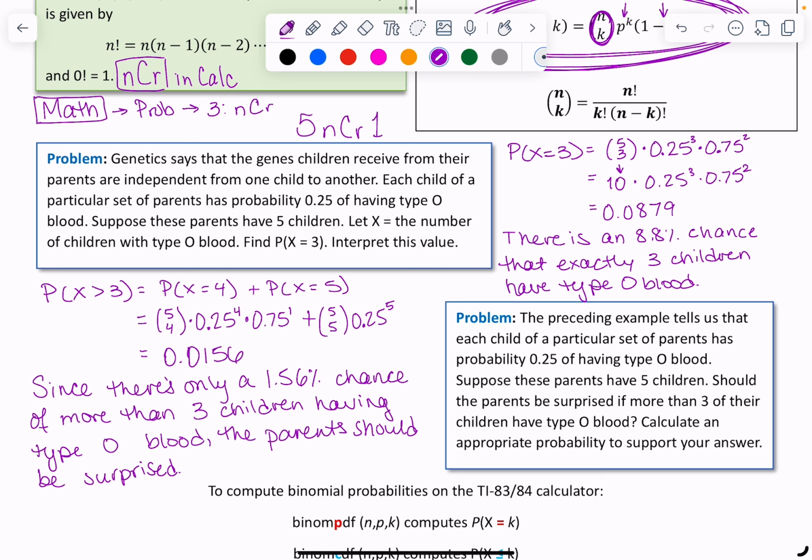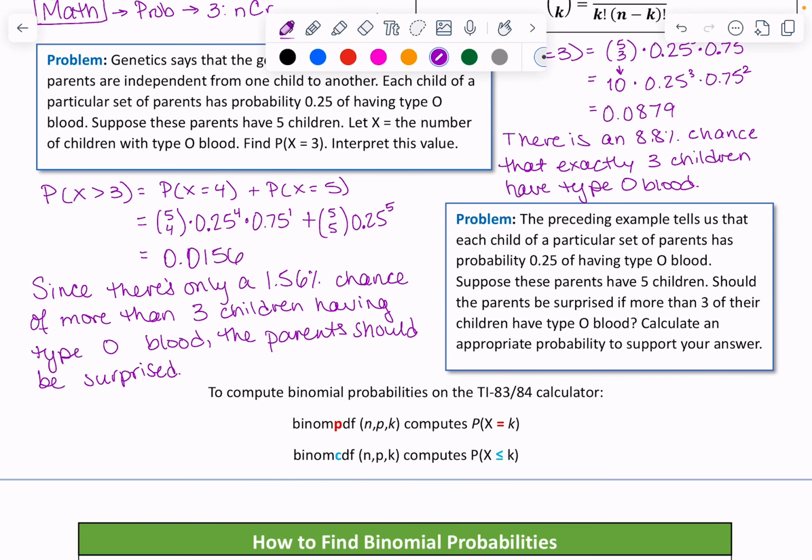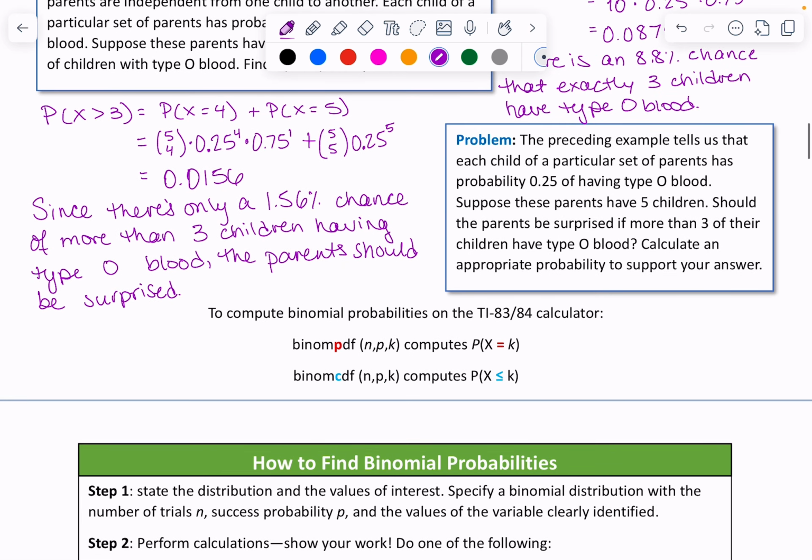Okay. Now, is there a shortcut to the calculator? Absolutely there is. Again, you have to test this out, but on your calculator, this is in second vars, where you find normal distribution. Scroll all the way down, or even scroll up because it's so far down.